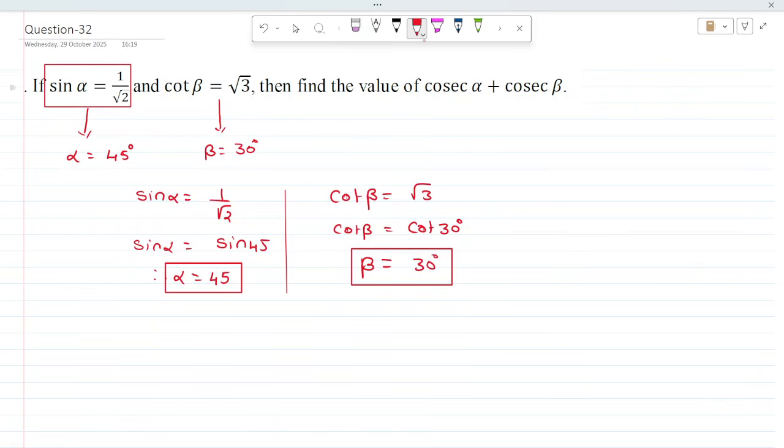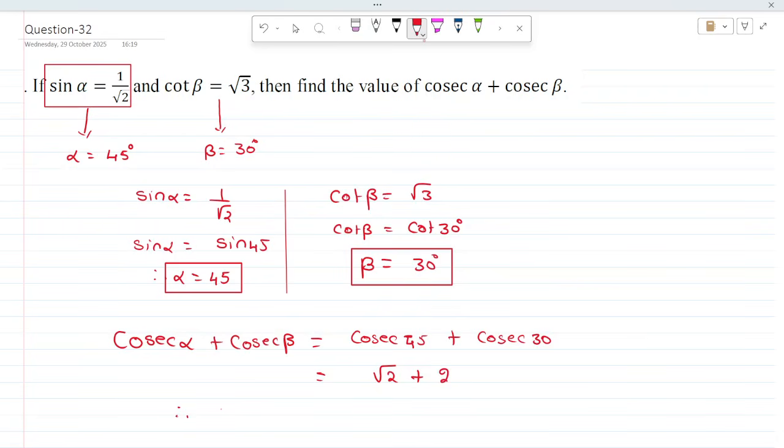Cosecant alpha plus cosecant beta, which equals cosecant 45 plus cosecant 30. What is cosecant 45 value? Root 2. Plus cosecant 30 is how much? 2. Therefore, cosecant alpha plus cosecant beta equal to 2 plus root 2.